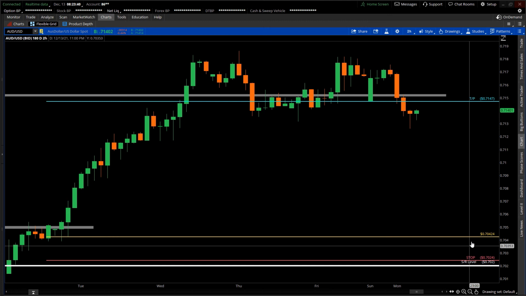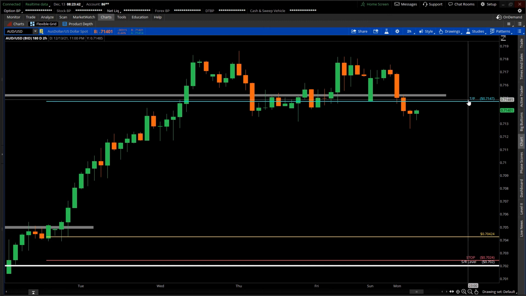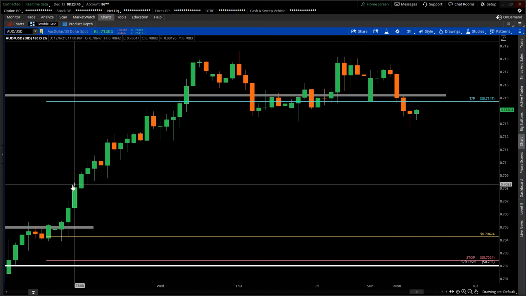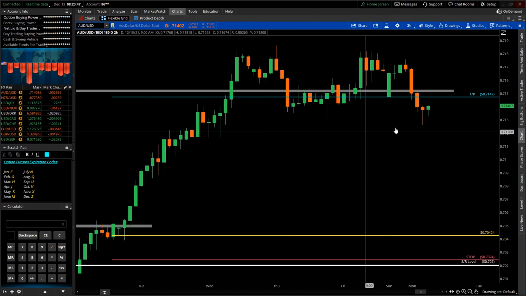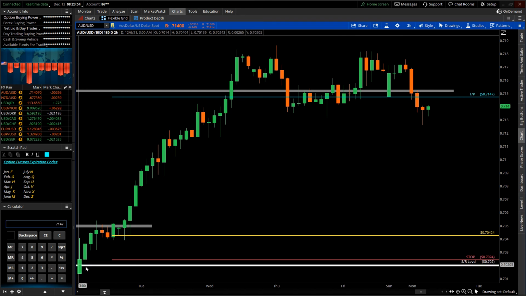So again, going back to this, my 18 pip stop compared to my take profit. So if my exit is 7147 and my entry is 7042, and I divide that by 18, because this was my initial stop, 18 pips, so my risk to reward is a little under 6.